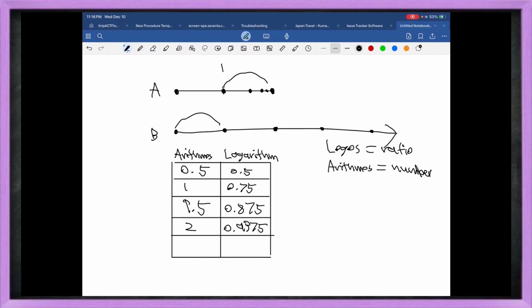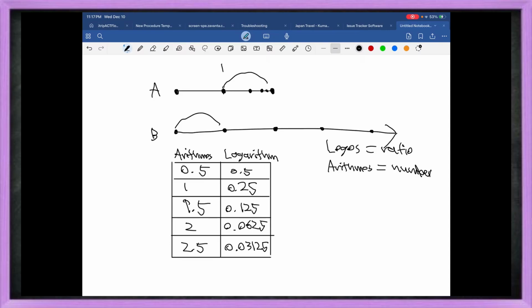So actually, it goes 0.5, 0.25, aka a half, a quarter, 0.125, an eighth, 0.0625 for a 16th, I believe. Yes. And a 32nd. So 0.03125.